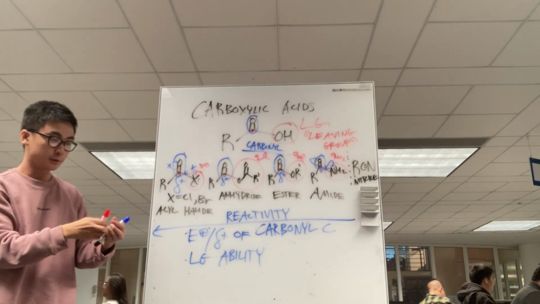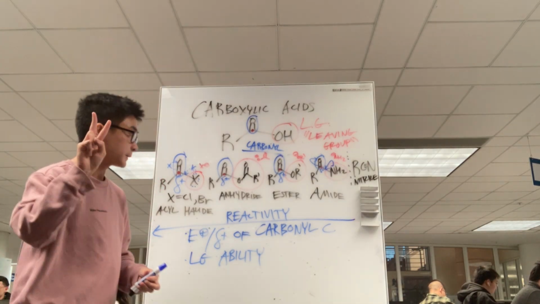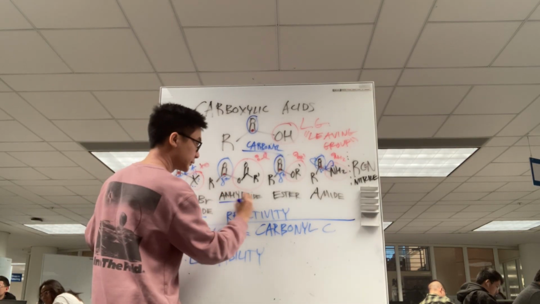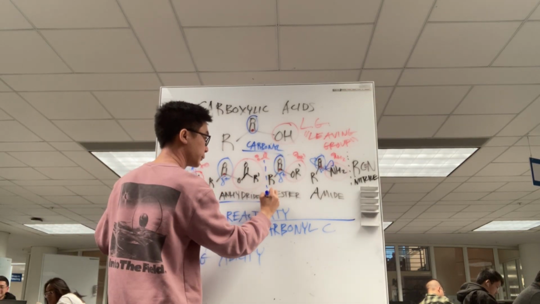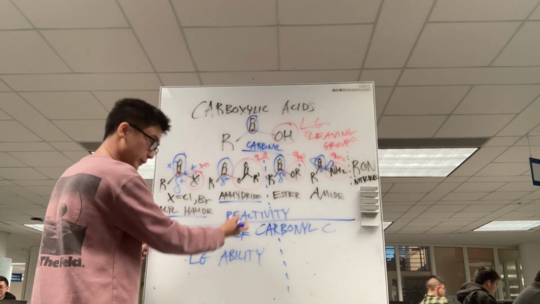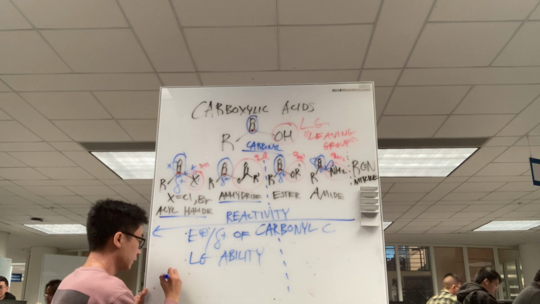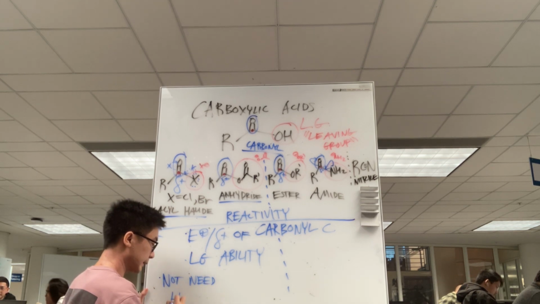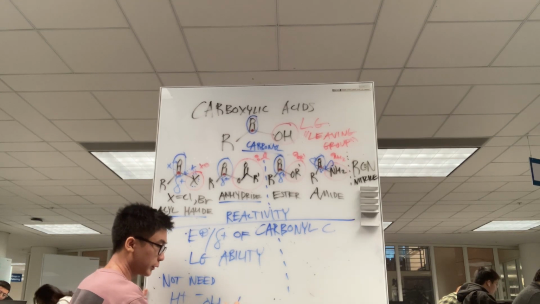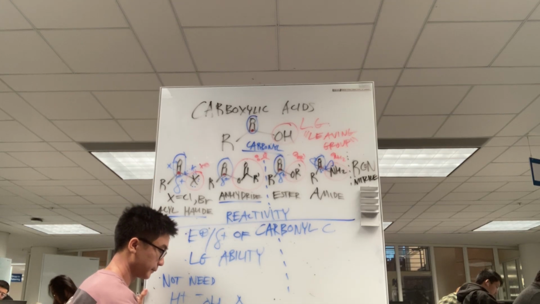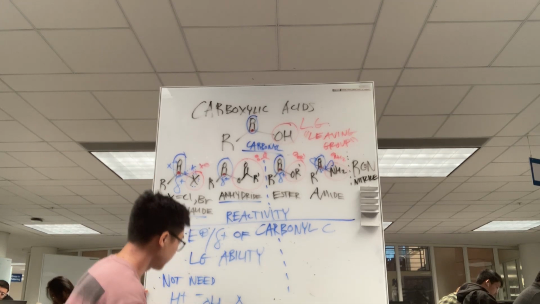Now that's very important to know because these top two most reactive derivatives, the acyl halide and the anhydride, and I'm going to make lines through here like this, these two most reactive derivatives will not need acidic conditions, which I'm going to abbreviate as H+, or basic conditions, which I'm going to abbreviate as OH-, or heat to react.